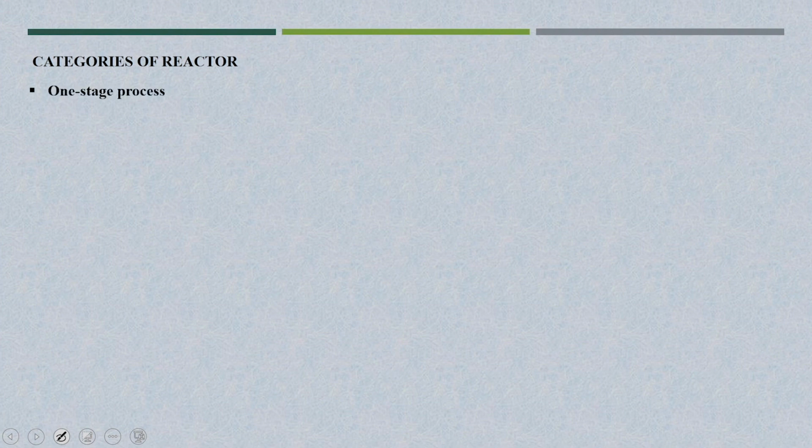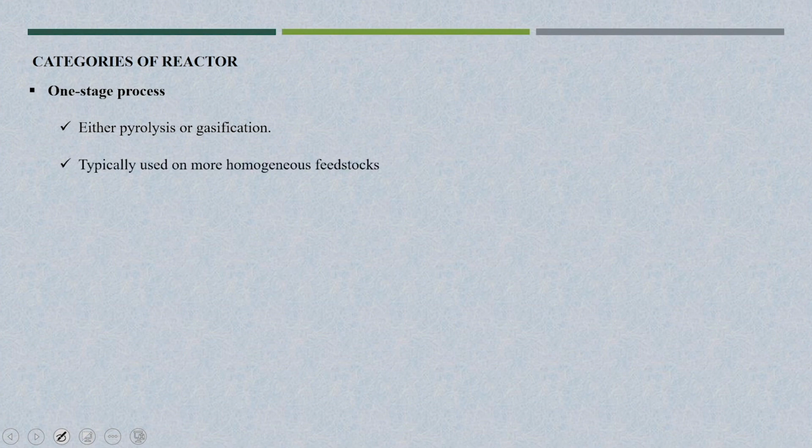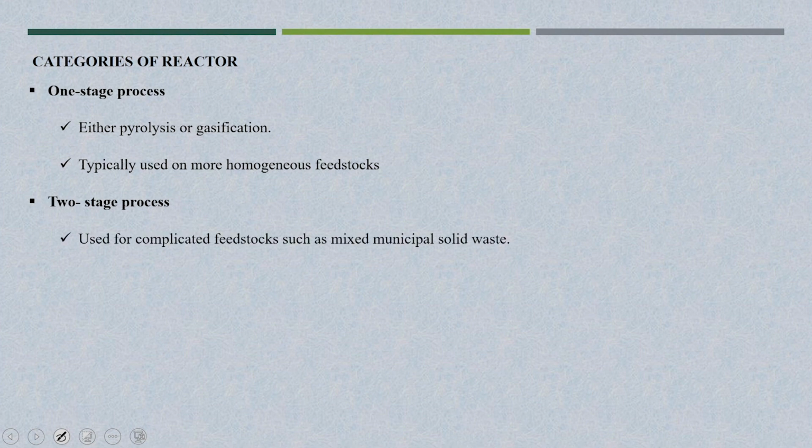Now, the categories of reactors: a one stage process, either pyrolysis or gasification, is typically used on more homogeneous feedstock, and a two stage process, which I shared about, is used for complicated feedstock such as mixed municipal waste. That is what I was sharing.